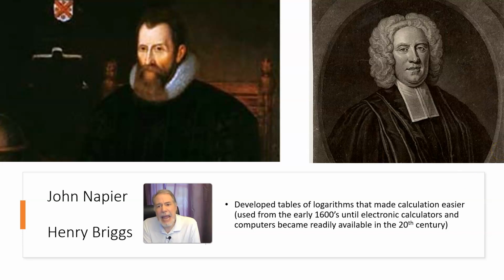So, like I said, nowadays, this particular use of logarithms is kind of obsolete. It's not something that really gets used all that much anymore, but it used to be very useful.